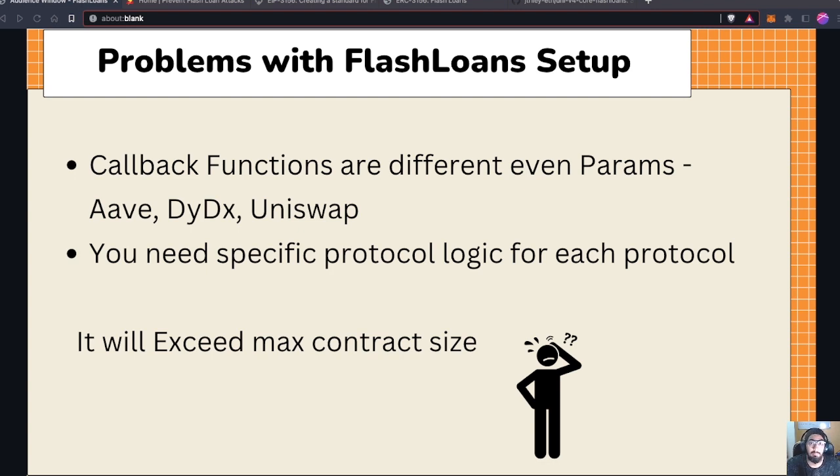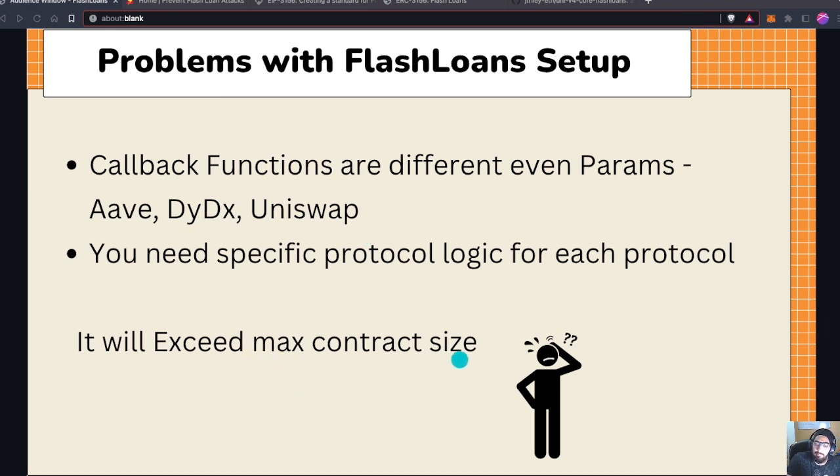So that's a big problem with Flashloan, because every time you want to take a Flashloan from a different protocol, you will have to change your logic, right? And that's a very terrible thing to do, especially if you are not a developer. If you want to lay down all the logic in a single contract, then it might exceed the max contract size, right?